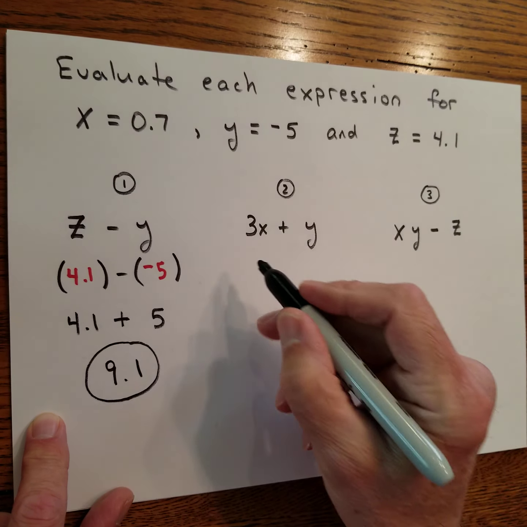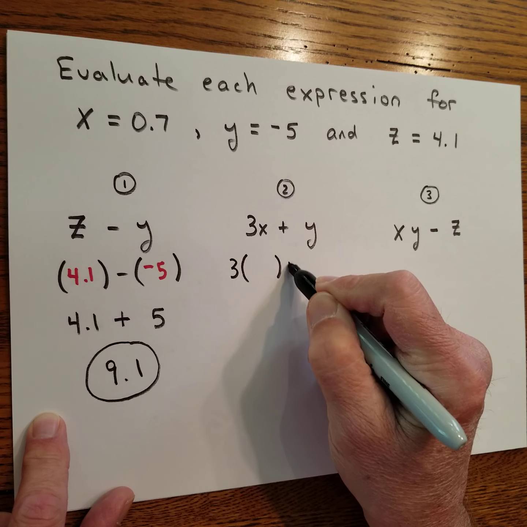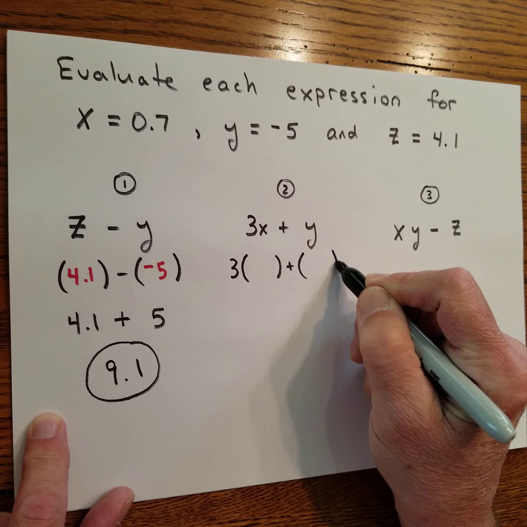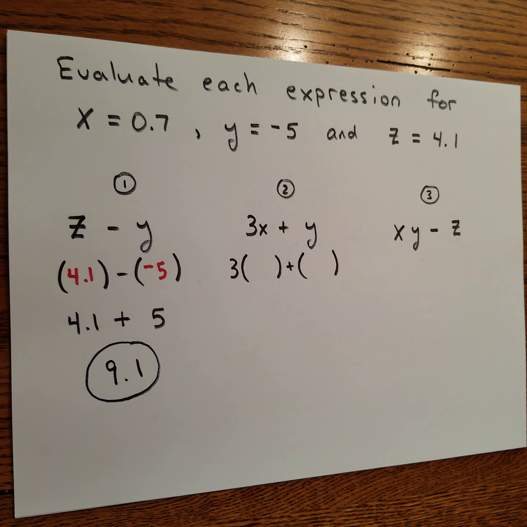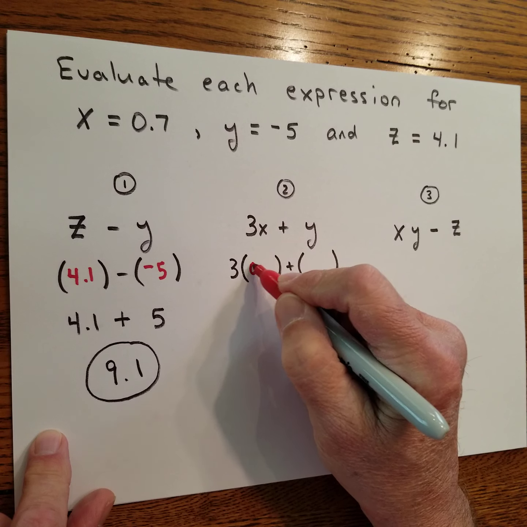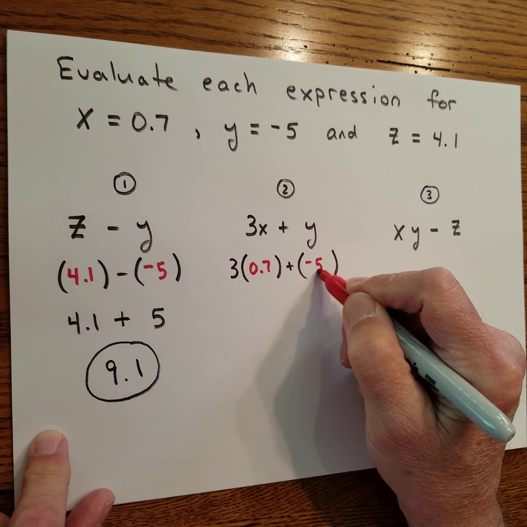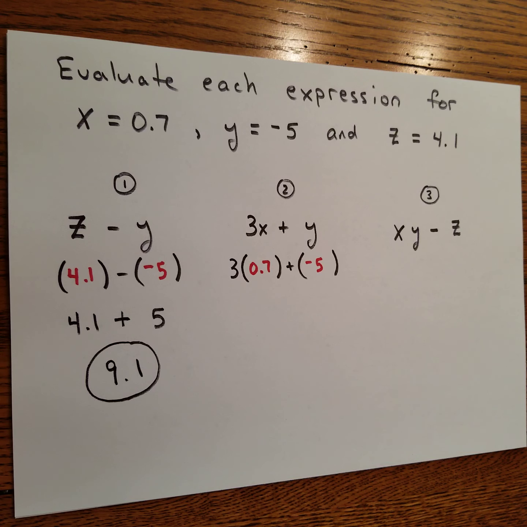Here comes number two. I'll rewrite the problem using open sets of parentheses for the variables. Now plug in for x, 0.7, and plug in for y, -5. Let's grab a calculator to help with the computation.